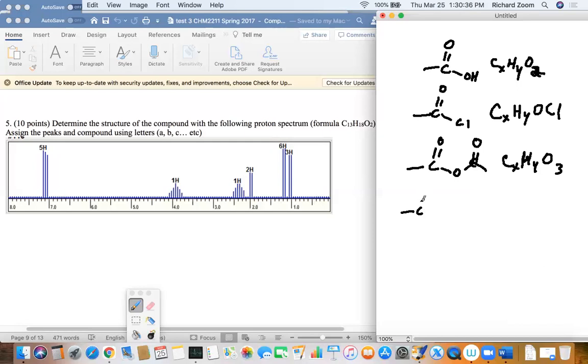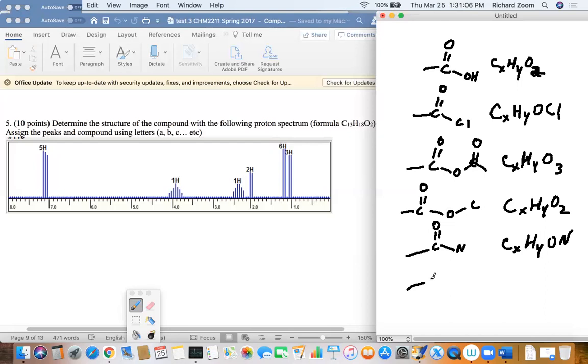And let's see, if it's an ester, it'll be the same as a carboxylic acid. And if it's an amide, and nitrile.